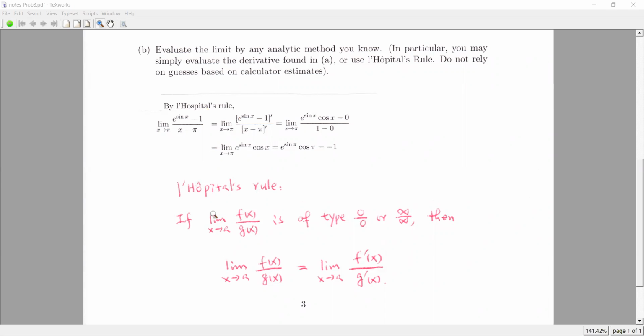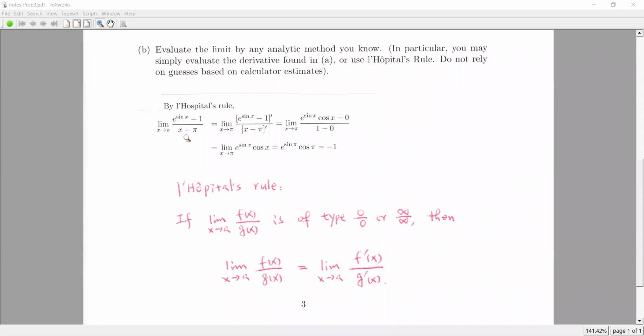The rule says that if this limit is indeterminate by direct substitution, and the type is either 0 over 0 or infinity over infinity, then we can compute this limit by this limit, the limit of the derivative on the top over the derivative on the bottom.